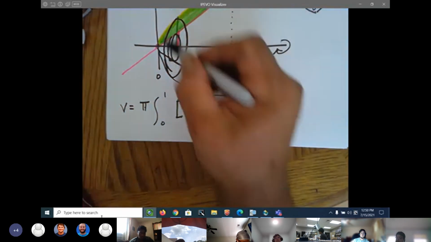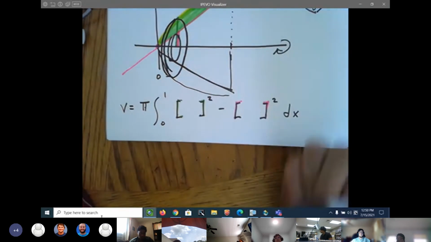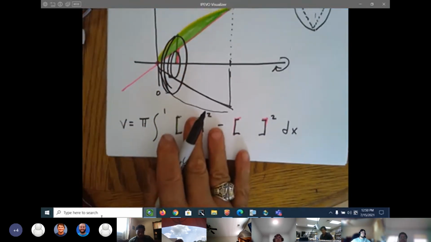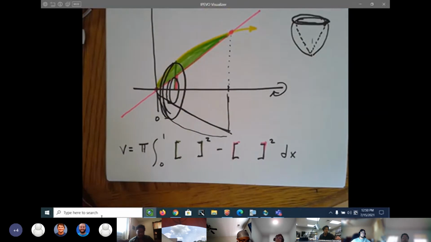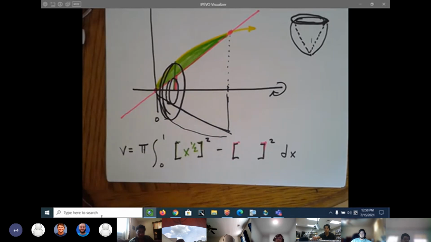There we go. There, how's that? Does that look like a washer? Yeah. All right, somebody tell me what the outer radius is. Square root of x. And what is the inner?